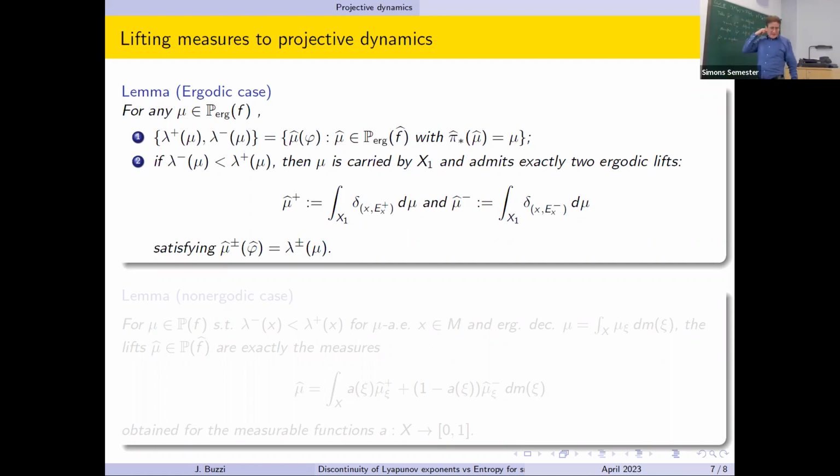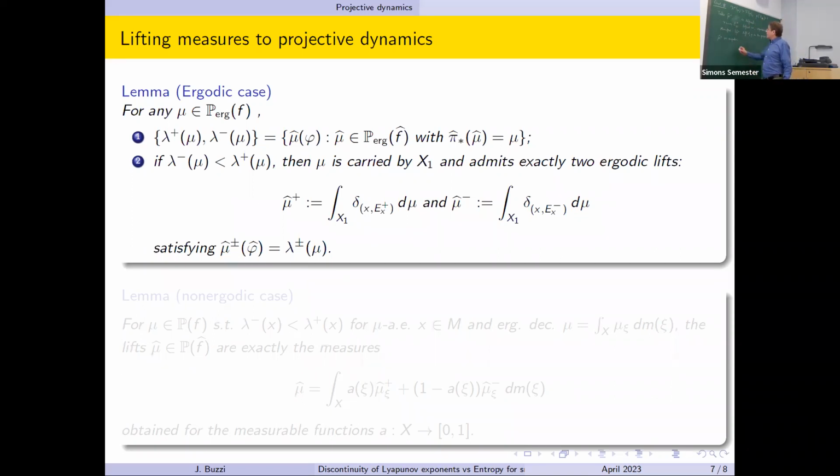Because if I take an invariant subset in the projective bundle, I map it, but the map on the graph is of course one-to-one, so I get an invariant subset on the surface, which has to have the same measure for mu as the subset above had for mu hat plus. So if this were not ergodic, mu would not be ergodic either.